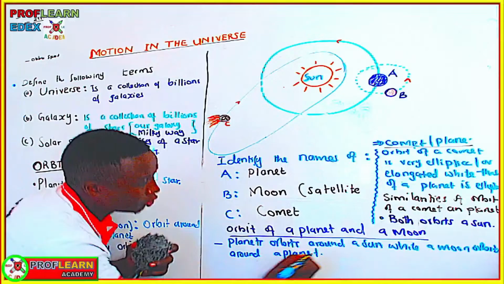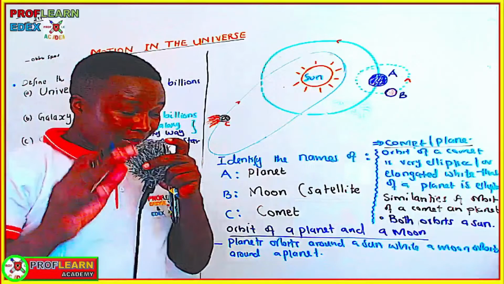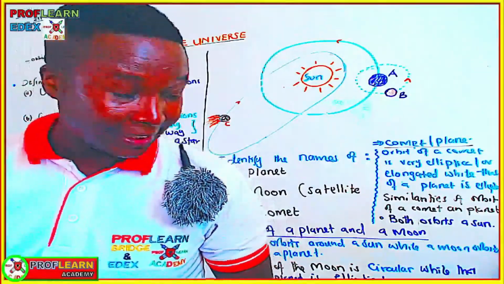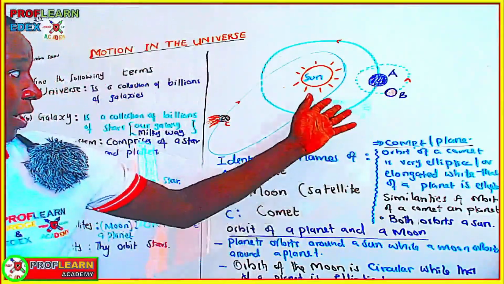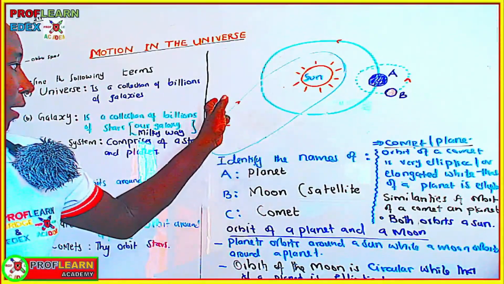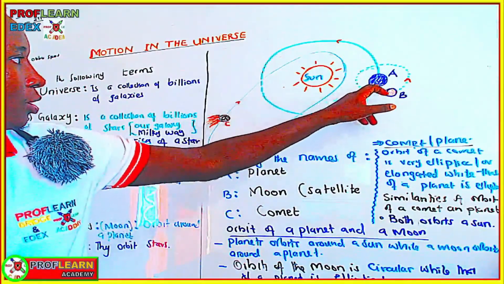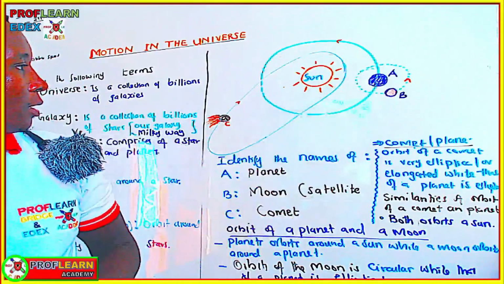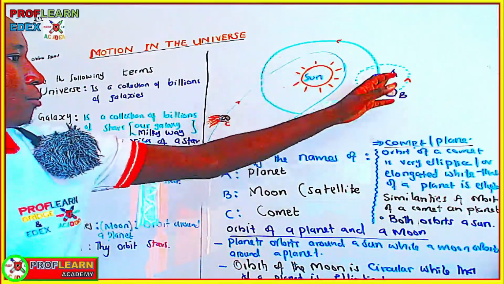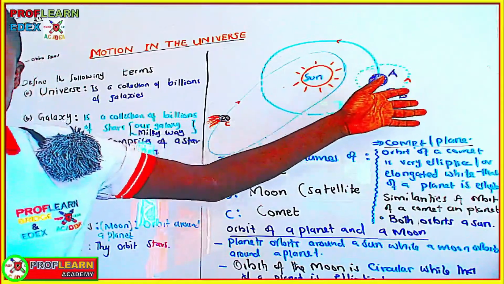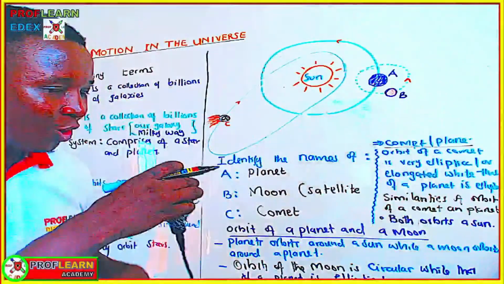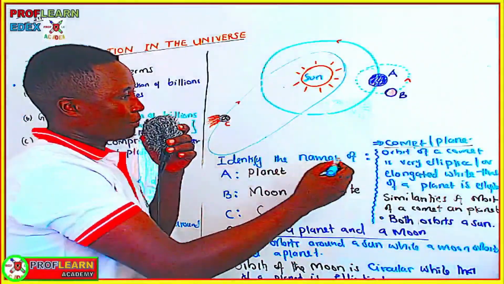That's one of the differences, and the moon's orbit is circular. Similarly, if asked to compare the orbit of a comet and the orbit of the moon, you will say a comet orbits around the sun, but the moon orbits around planets.